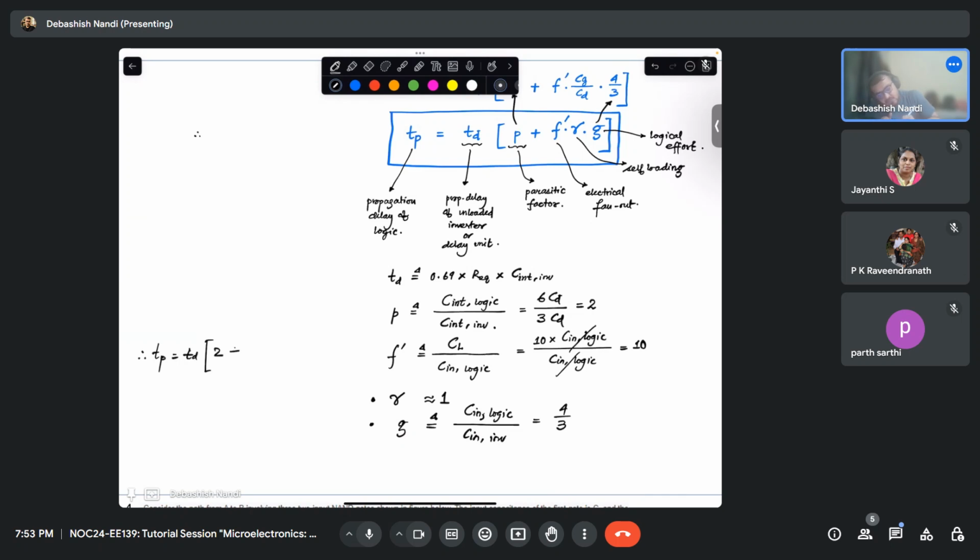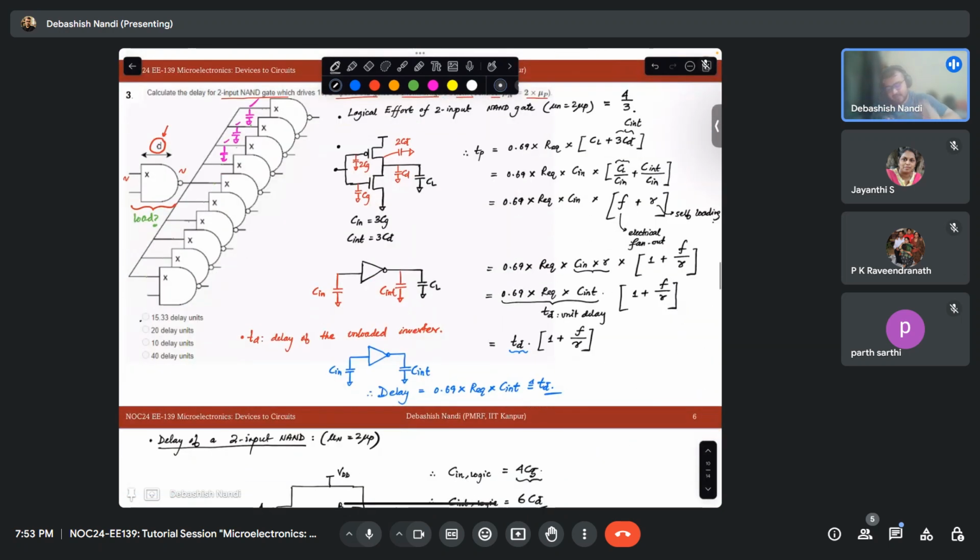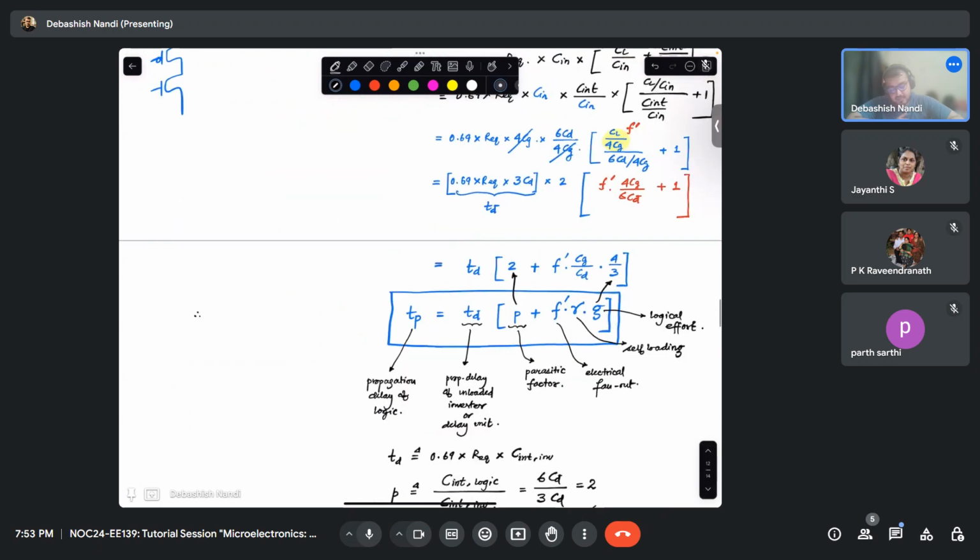P is 2, F dash is 10, gamma is 1, and G is 4 over 3. So 46 over 3 TD or 15.33 TD. So your propagation delay is 15.33 delay units.